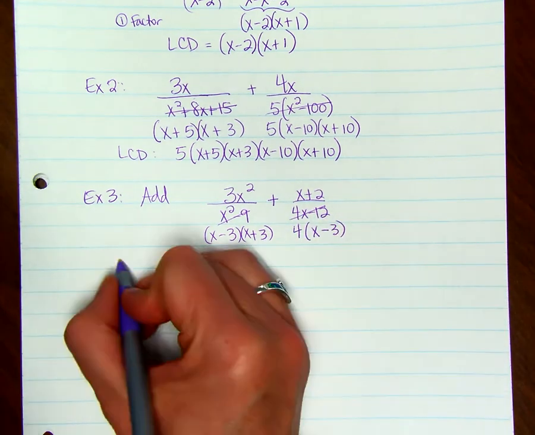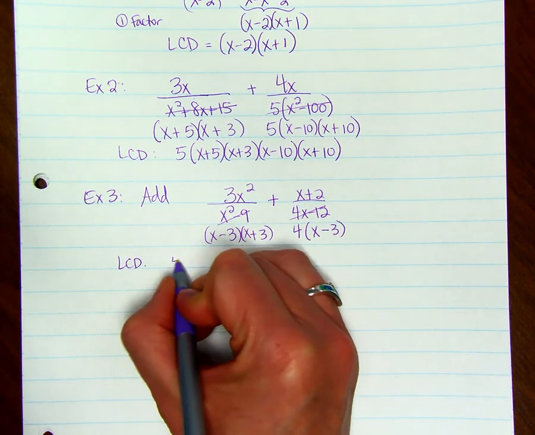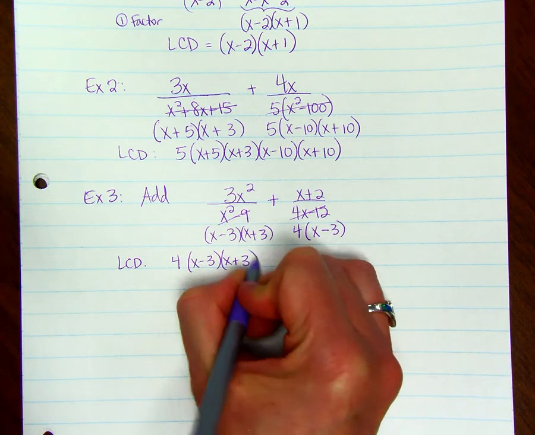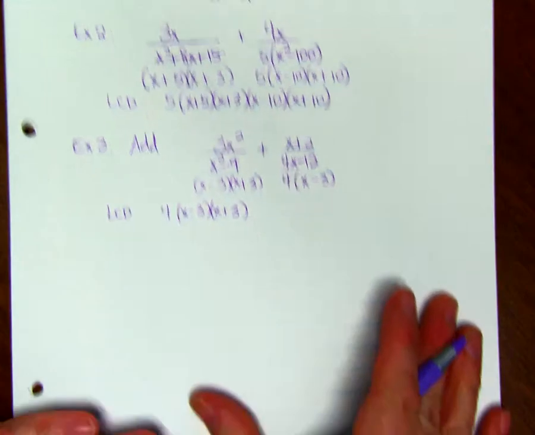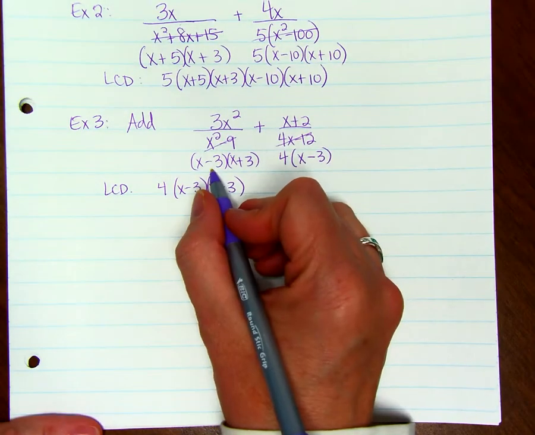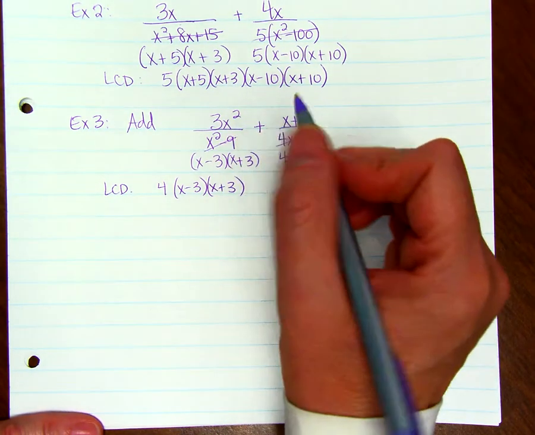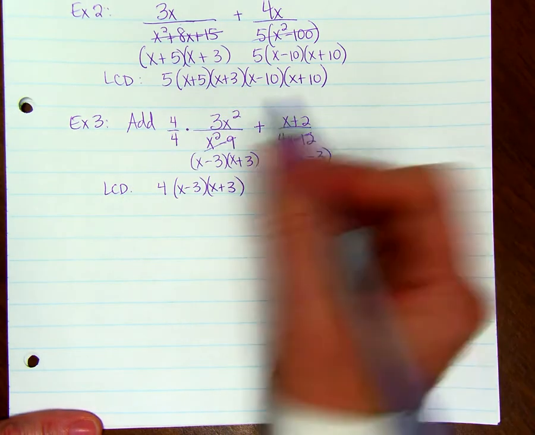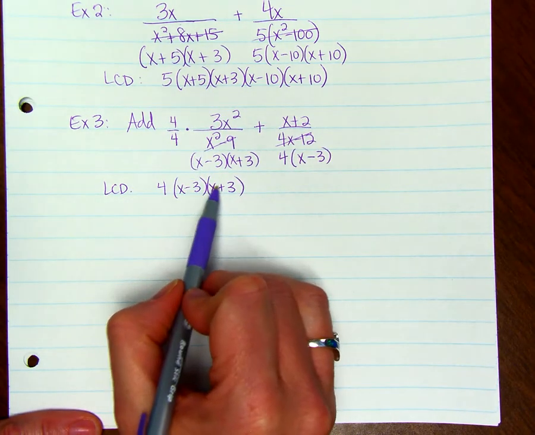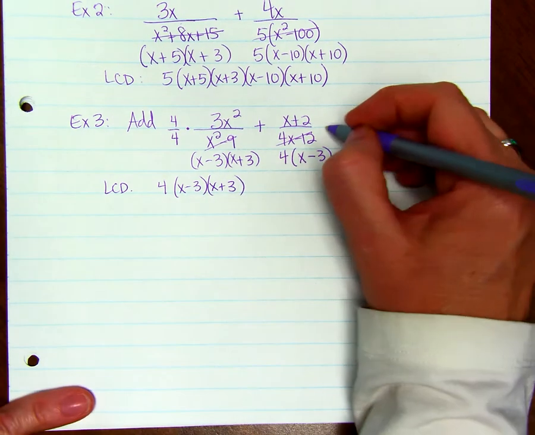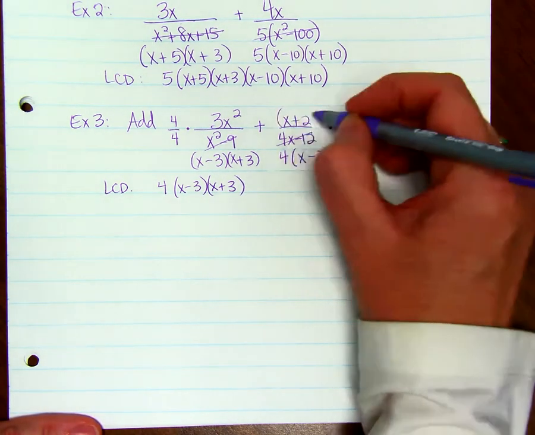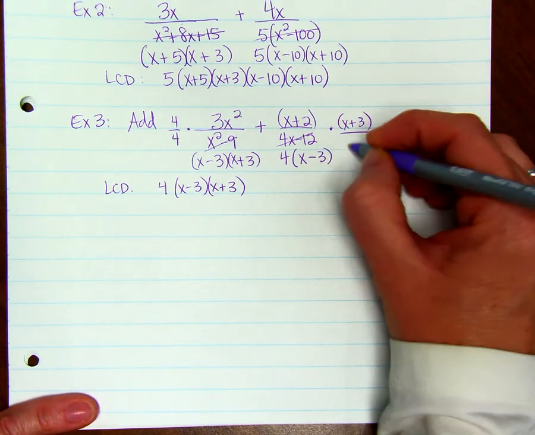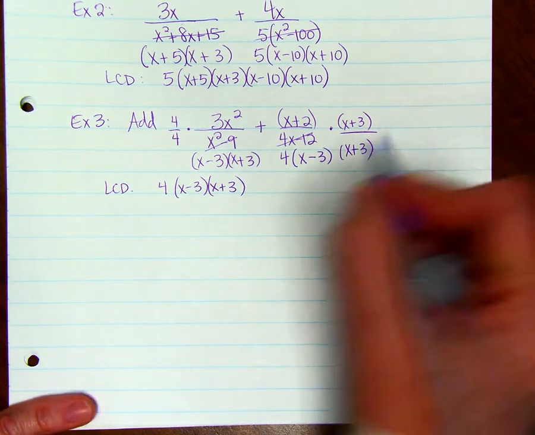So our least common denominator needs a 4, an x minus 3, and an x plus 3. In the first fraction, we need to multiply by 4 over 4, that way we will have the least common denominator that we need. The second fraction, we need to multiply by x plus 3 divided by x plus 3.